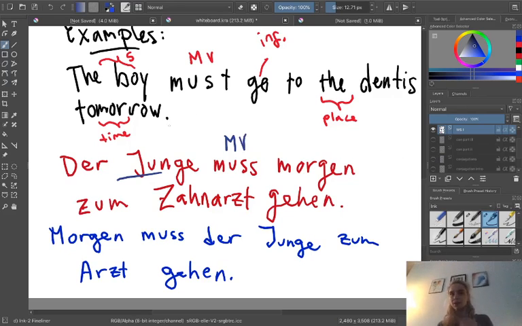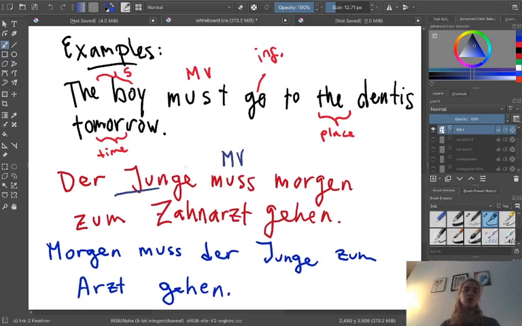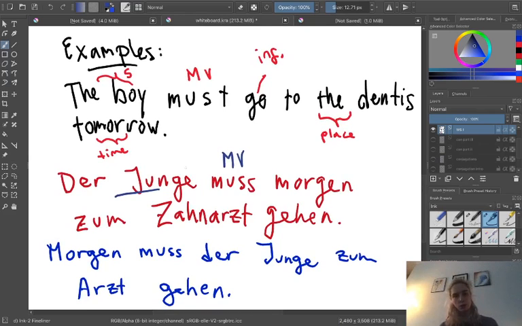It goes time, manner, place in describing actions in German. So I put morgen before zum Zahnarzt. That is not a hard and fast rule, but it is the most conventional way to order your sentences in German. So that's why I have it that way. And then gehen, finally, our infinitive. So das ist unser Infinitiv.